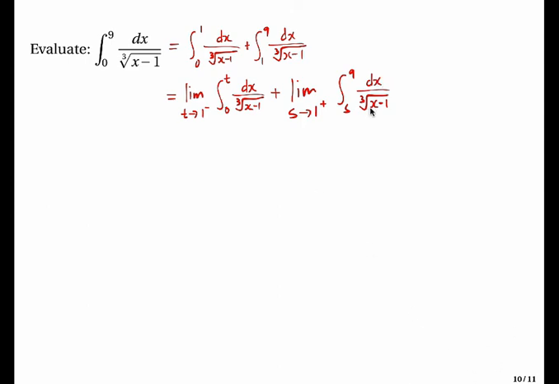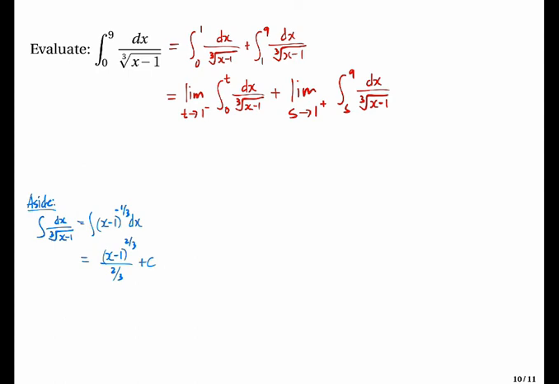So let us work on the corresponding indefinite integral. Here, we want to integrate dx over cube root of x minus 1, and as in the previous example, we rewrite this as x minus 1 raised to 1/3 dx. If we integrate this, we will have x minus 1 raised to 2/3 divided by 2/3, plus c.